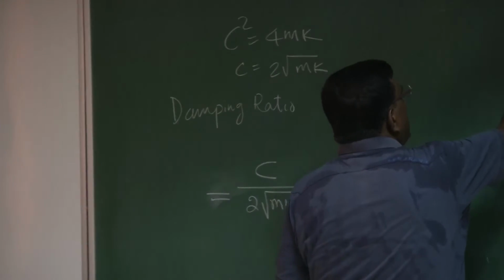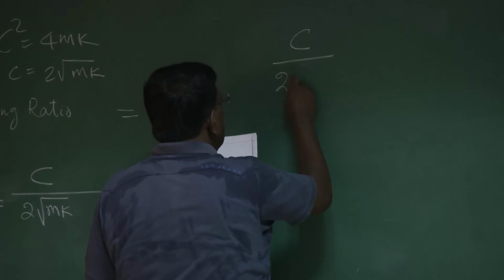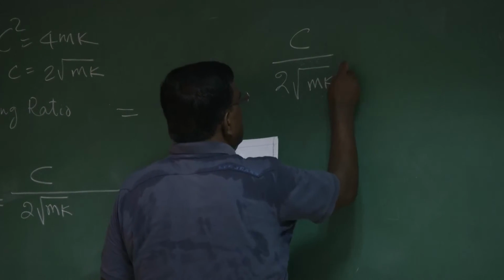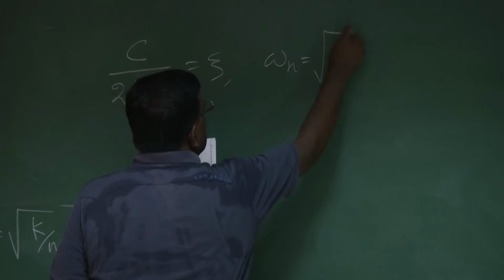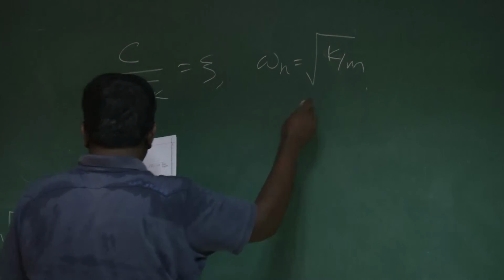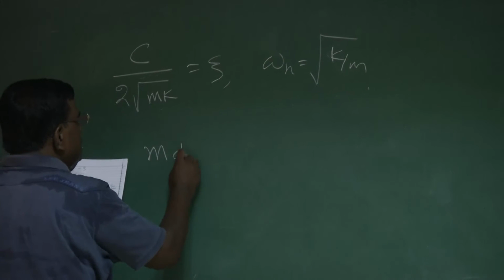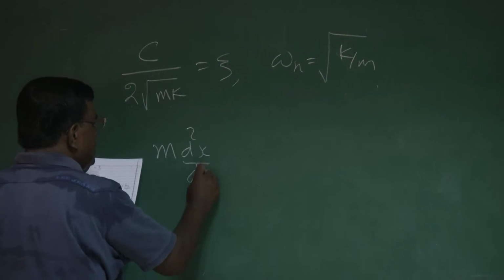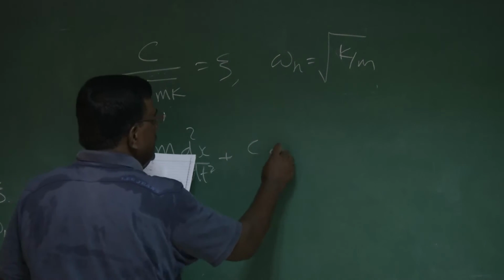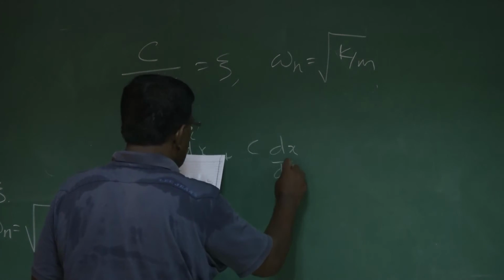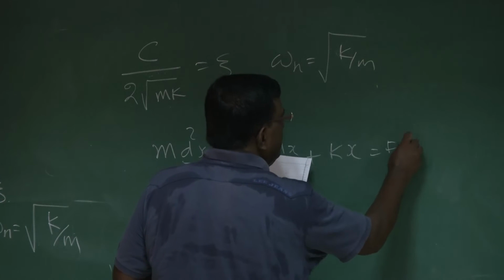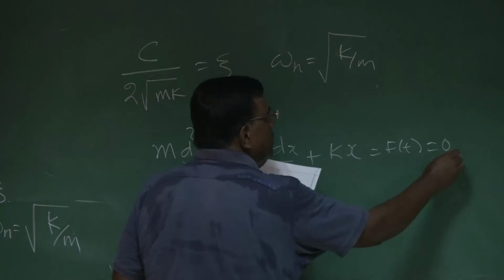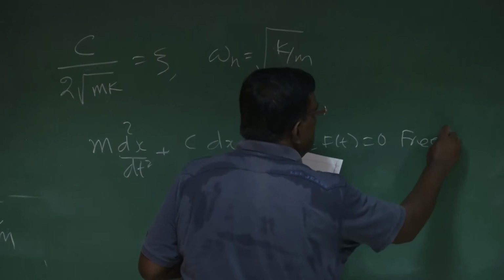So c by 2 root mk is zeta, and omega n equal to under root k by m. So if I now see m d squared x by dt squared plus c dx by dt, which is our equation of motion for a mass spring system, equal to f of t equal to 0 for free response.